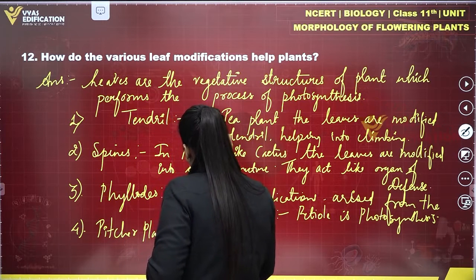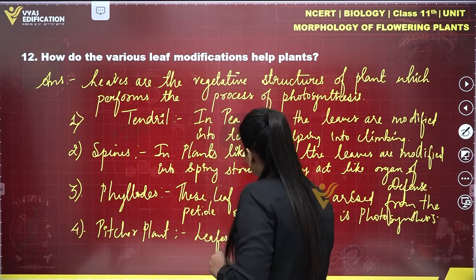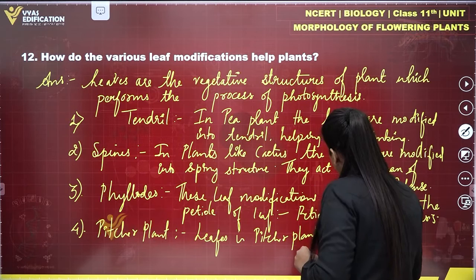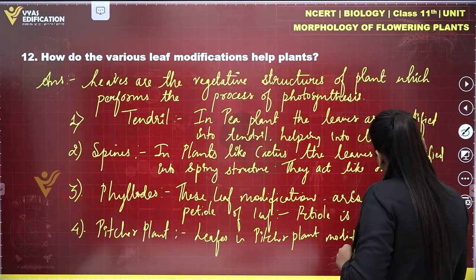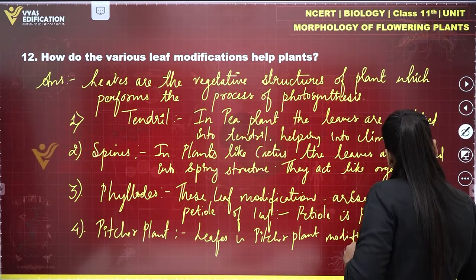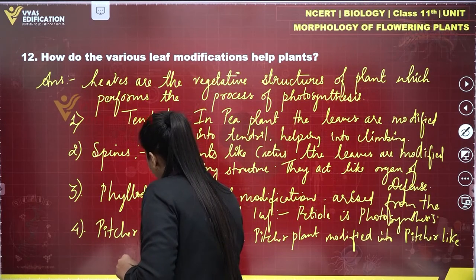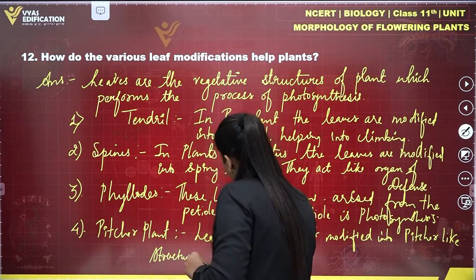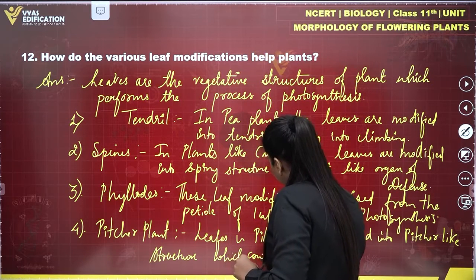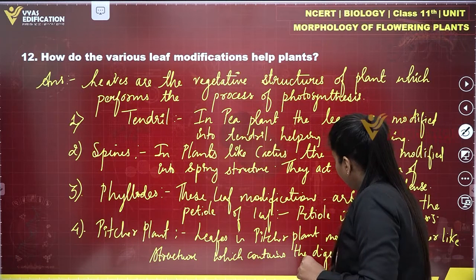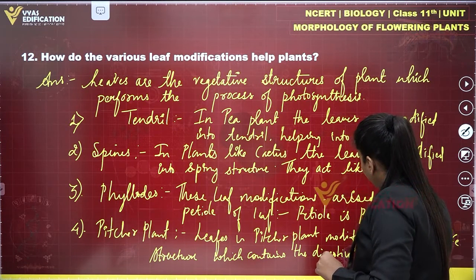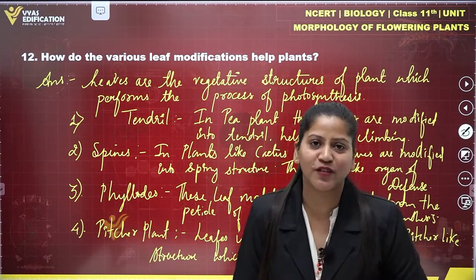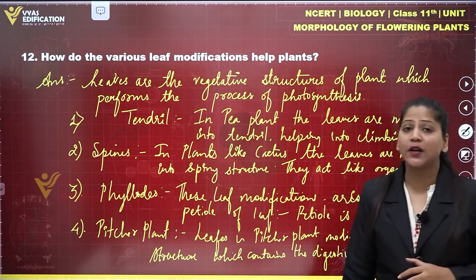So, leaves in pitcher plant are modified into a pitcher-like structure, which contains the digestive juices, which are helping these plants to capture insects and digest them. Alright, so these all are the modifications of leaves.